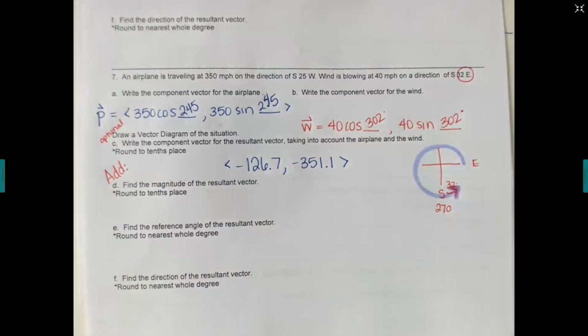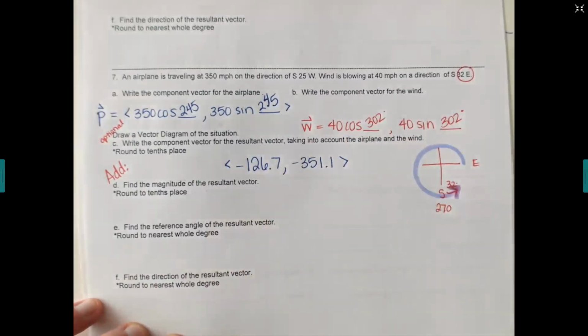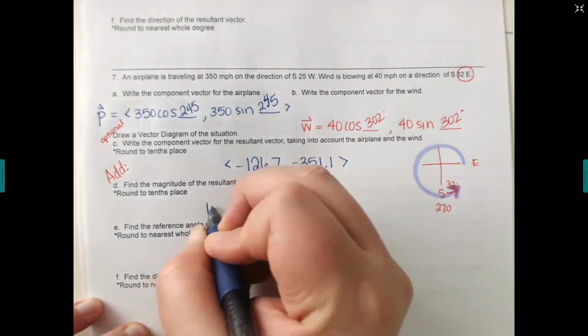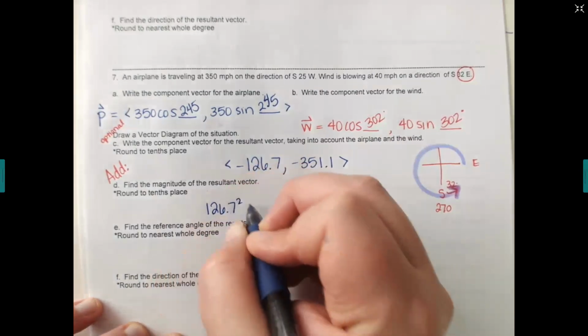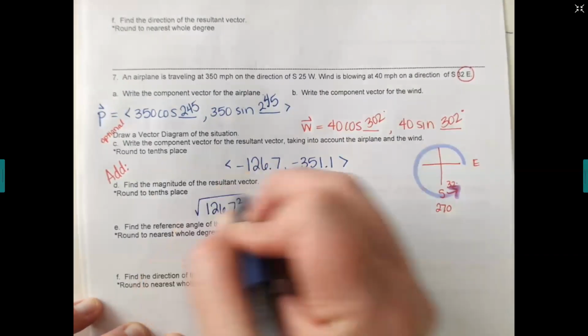All right, then from there, you're asked to find the magnitude. Remember that magnitude is how fast the plane would actually end up going. You already know the formula for it though. It's this squared plus this squared, take the square root. Do I care about the negatives? No, so 126.7 squared, 351.1 squared, and then square root.